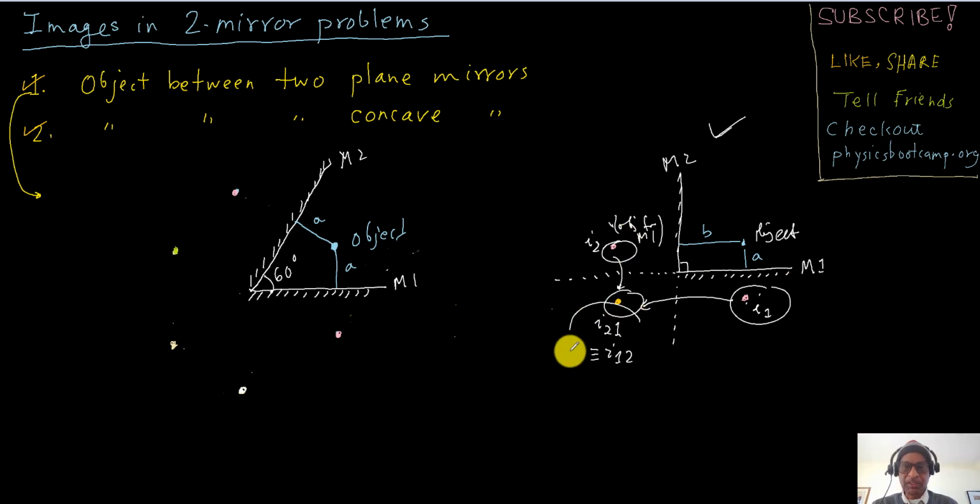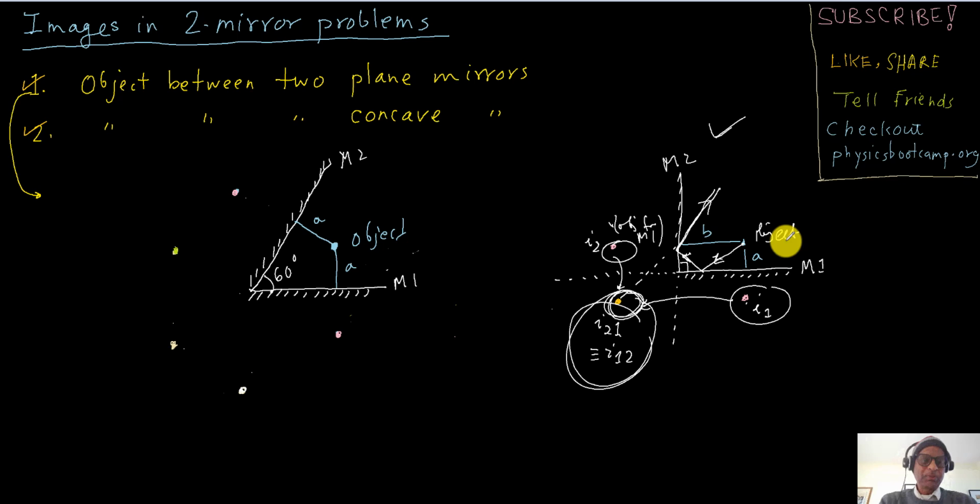This image has rays which reflect from both mirrors. This one is just reflecting from this, and this one is just reflecting from that. Some rays will go like this, and it's going to seem to come out of this image. So these rays have information about reflection from both of these mirrors.